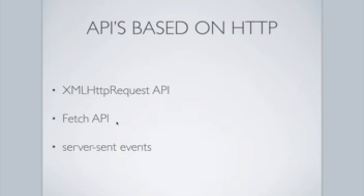And then just real quick, another API, server-sent events, is a one-way service that allows the server to send events to the client using HTTP as a transport mechanism. Using the EventSource interface, the client opens a connection and establishes event handlers.